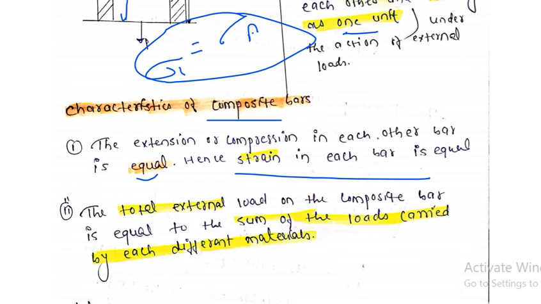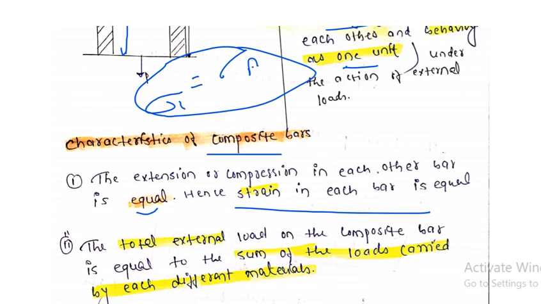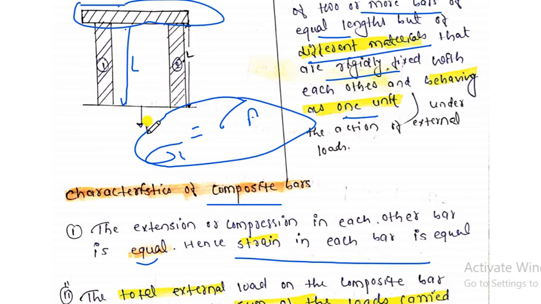Similarly, the total external load on the composite bar is equal to the sum of the loads carried by each of the different materials. Imagine this is a composite section carrying a load P. The load P is carried by both sections, section 1 and section 2.